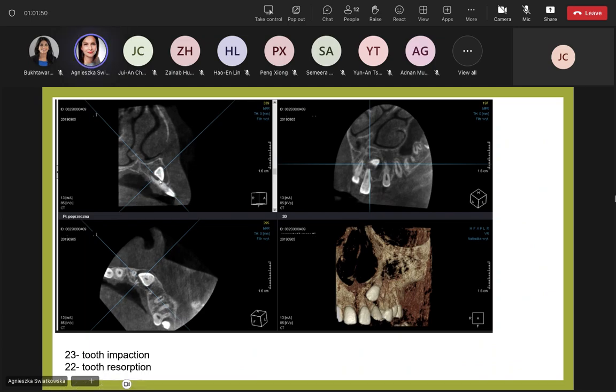You can see it also here. This resorption is visible here, but when I estimate the orthopantomogram, I don't see the resorption. I can expect that this resorption could be present, but I couldn't see it.